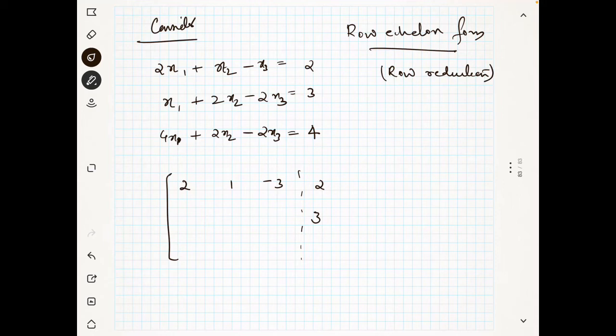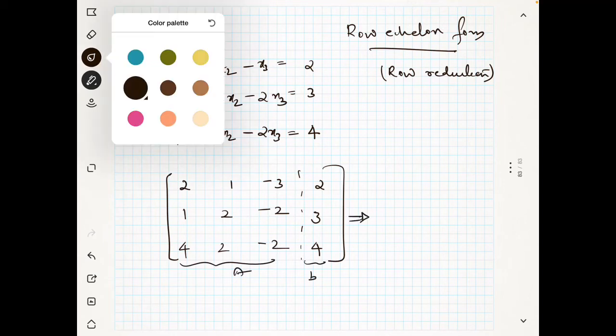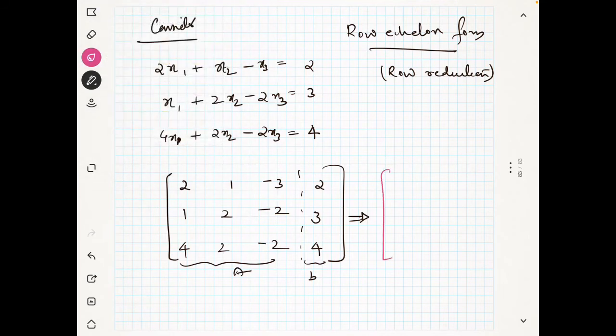Now let us consider this is our A and this is our B, this is our augmented matrix. Now I am going to transform this matrix into another form by using row reduction. The rows are 2, 1, minus 1, 2; 1, 2, minus 2, 3.